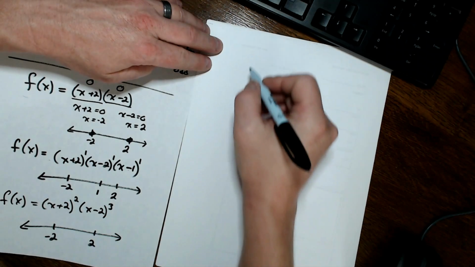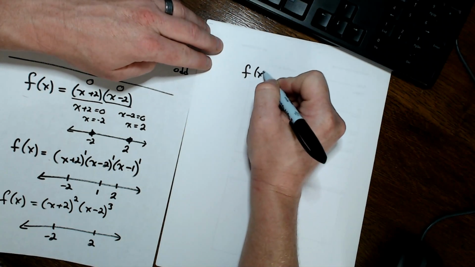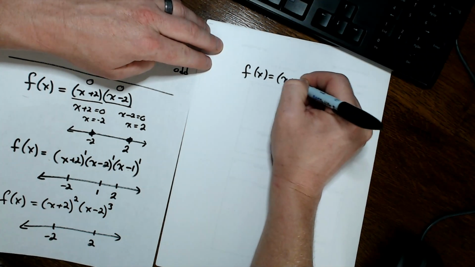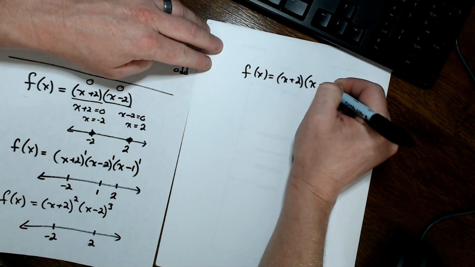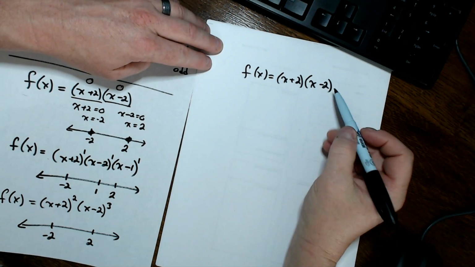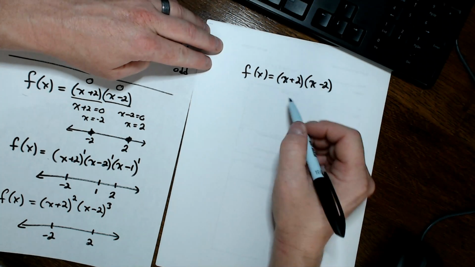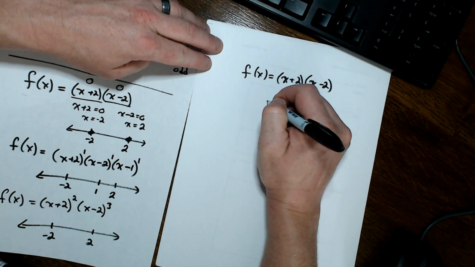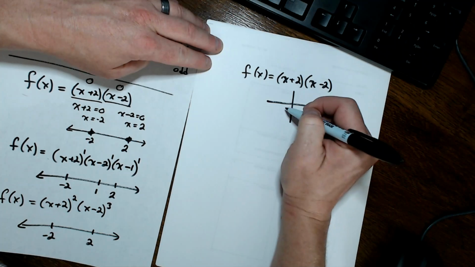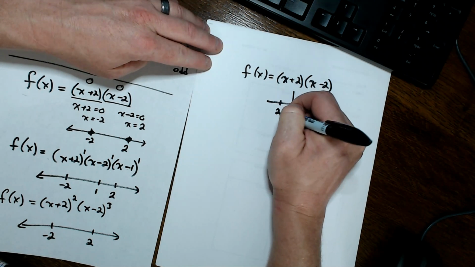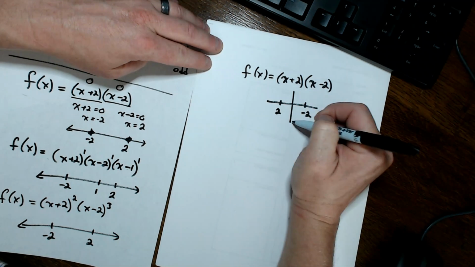Let's take a look at f of x is equal to (x plus 2)(x minus 2). Now, if I multiplied this out, I know that I would have x squared, and I'll talk about this a little bit when we get to end behavior in a moment. We have 2, and we're going to have minus 2.